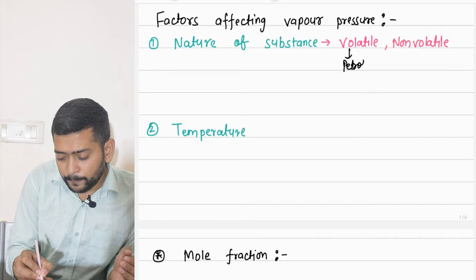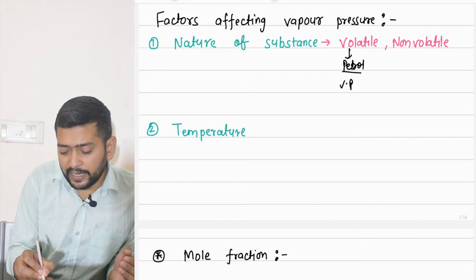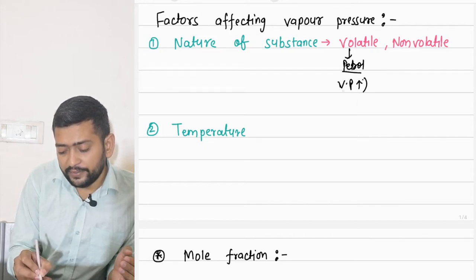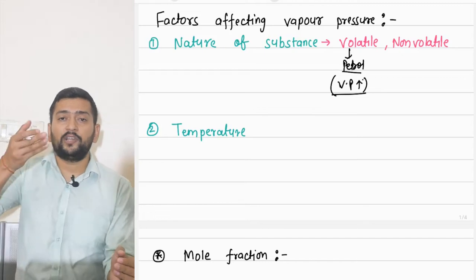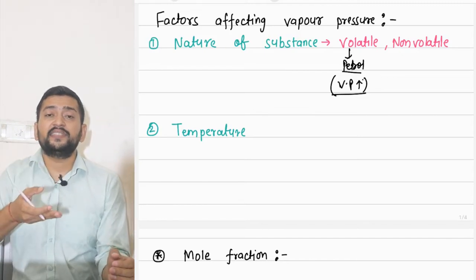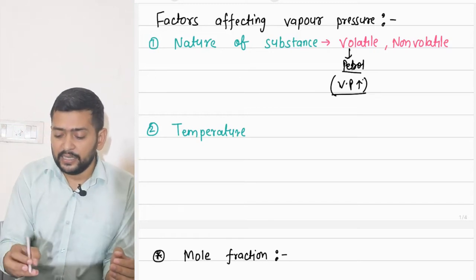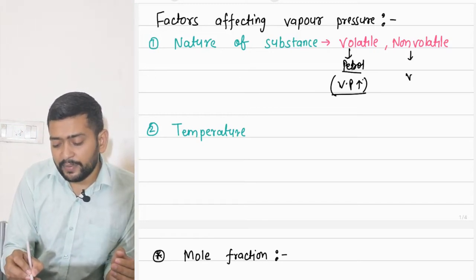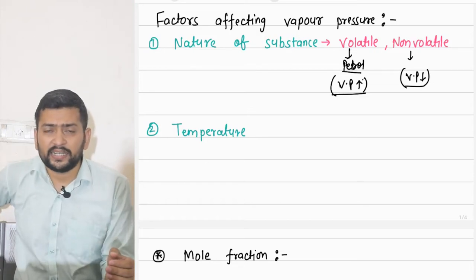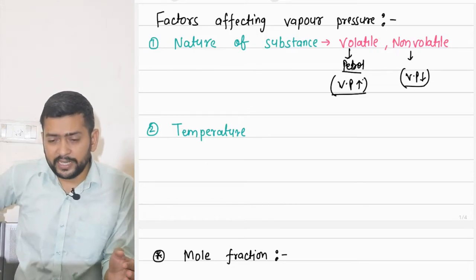For volatile liquids the vapor pressure will be high because they have a high tendency to escape from the liquid state to the gaseous state. For non-volatile liquids the vapor pressure will be low, for example an organic solvent like benzene, right?